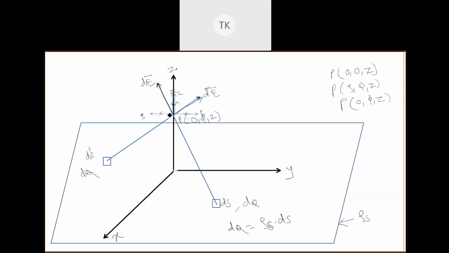If we resolve them into horizontal and vertical components, we will see that the rho component of the electric field intensity gets cancelled out, and the only remaining, effective electric field intensity will be in the direction of z. Okay, so we will write down the equation for dE.